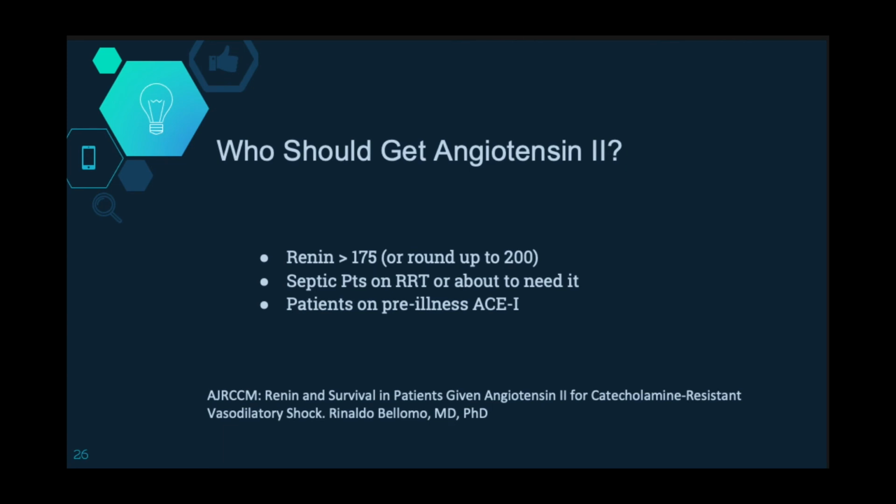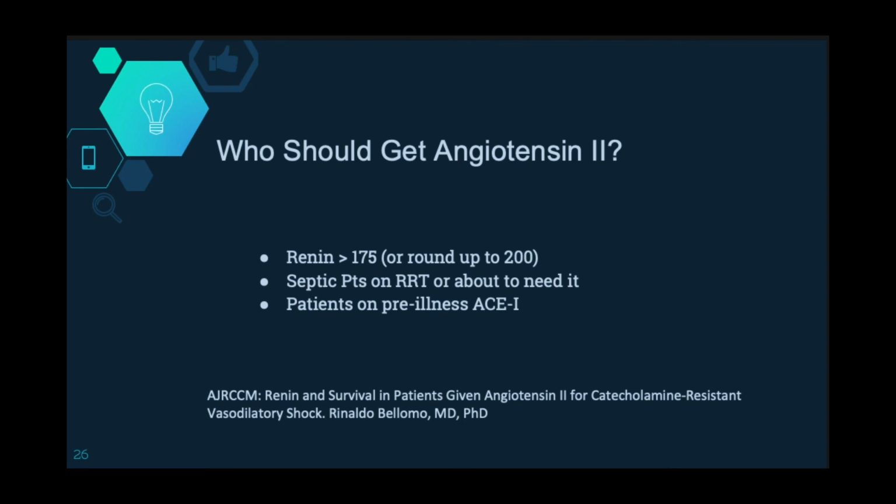And then I read this article, no, actually this one I think was from EM Crit, where they talked to this guy, Rinaldo Bellomo, who I think is an Italian critical care doctor. And he wrote this article about basically using renin as a marker for who to give angiotensin II to.